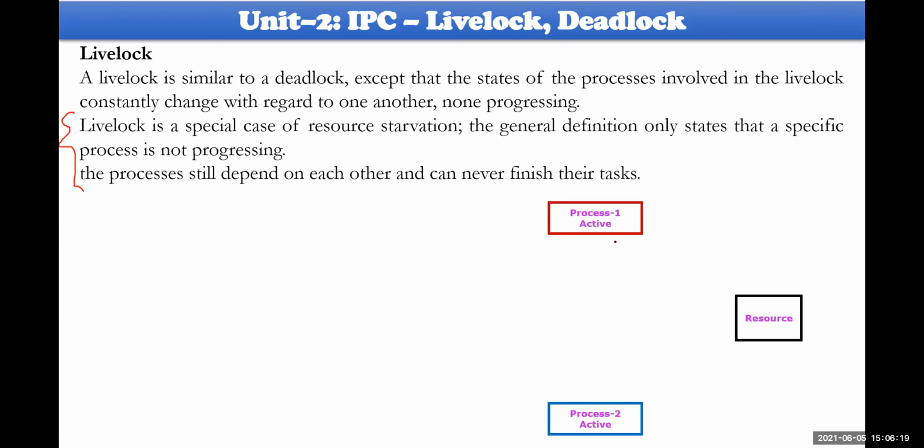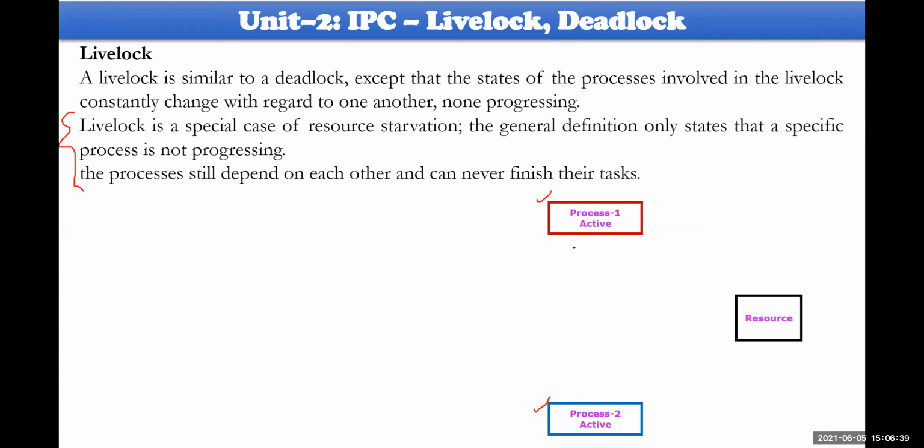Look at this, process 1, which is in an active state, requires one particular resource, and process 2, which is also in an active state, requires one particular resource.